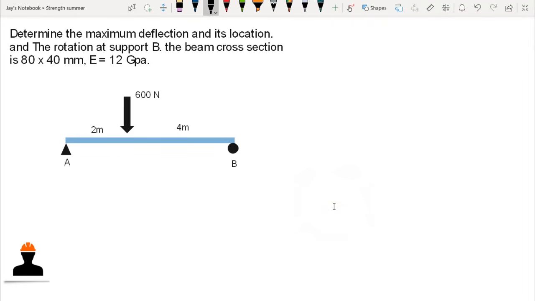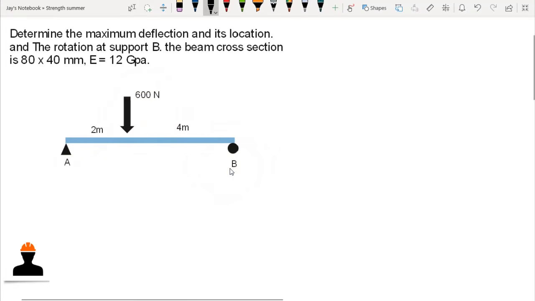Determine the maximum deflection and its location, and also determine the rotation at support B, when our beam cross-section is 80 by 40 millimeters and the modulus of elasticity is 12 gigapascals. We have this simply supported beam with a concentrated load of 600 Newton, which is 2 meters from A. As I have said, this concentrated load of 600 Newton causes discontinuity in our beam from A to B.